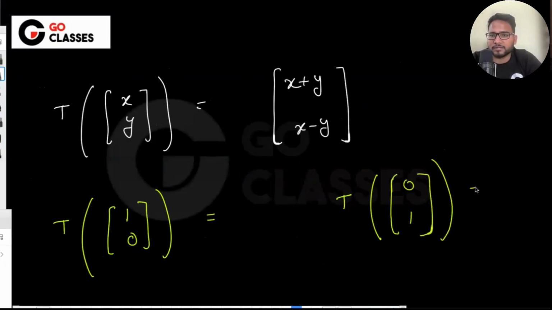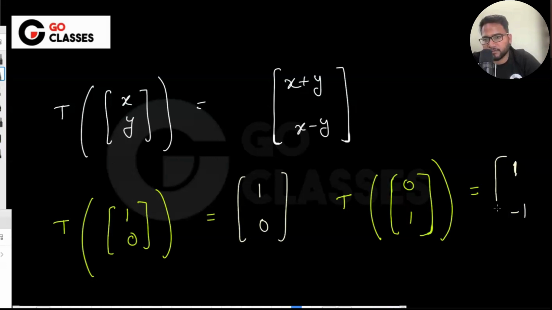Sorry, (1, 0) will get you (1, 1), and (0, 1) will get you (1, minus 1). Is this fine to everyone? I'm just finding out the transformation of the basis vectors, right?